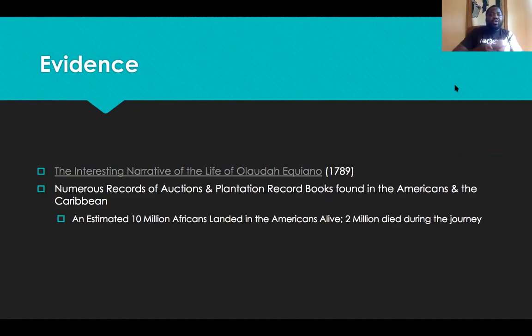In any case, how do we know what we know about the transatlantic slave trade? Several personalities at the time wrote books. One of the more famous ones is Olaudah Equiano, who put out The Interesting Narrative of the Life of Olaudah Equiano, an autobiography first published in 1789.